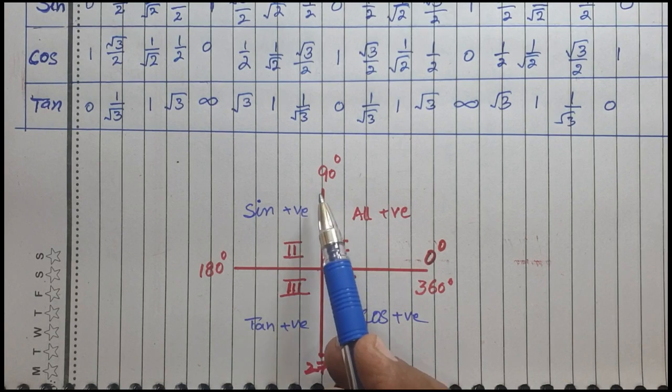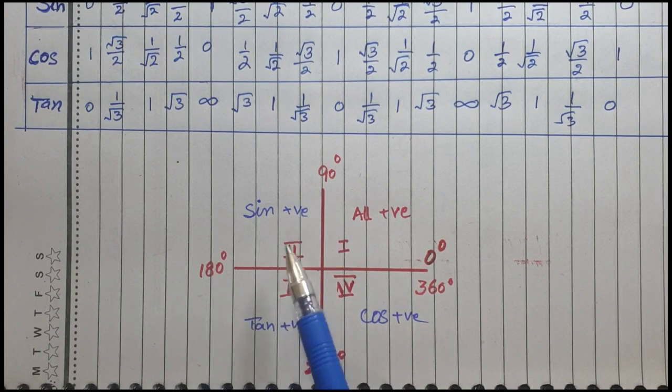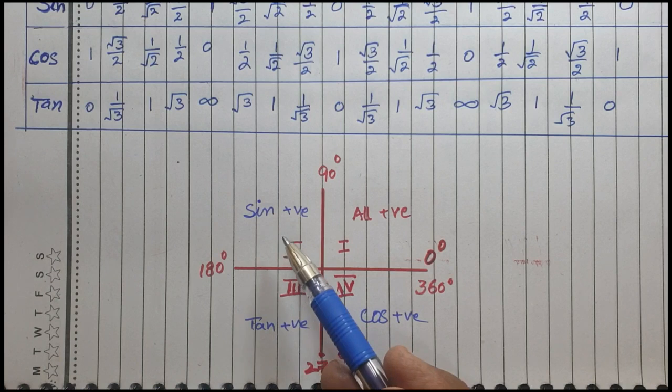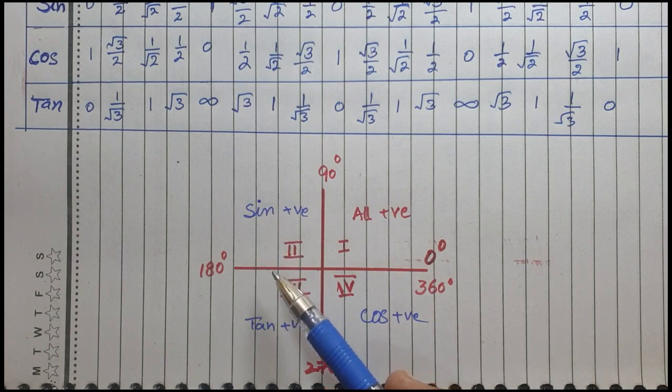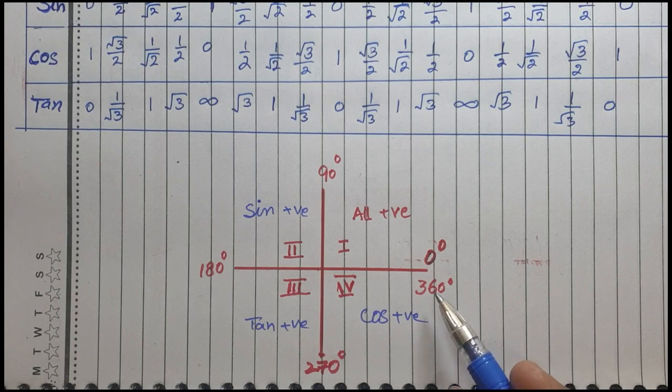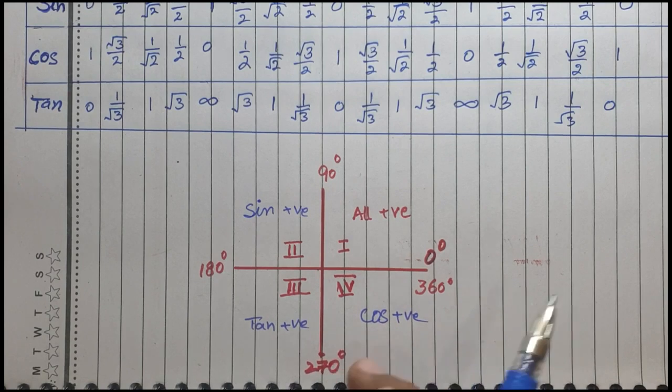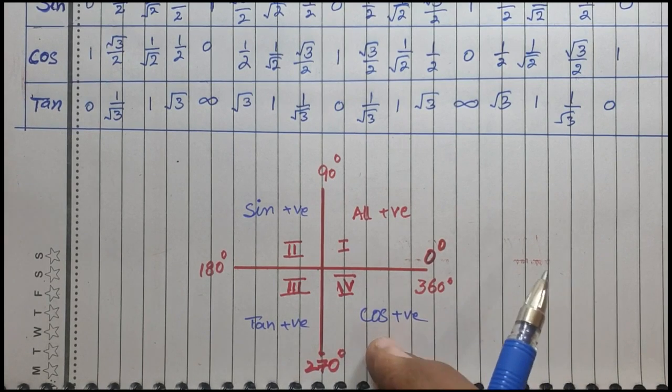In the second quadrant, from 90 to 180, only the sine will be positive. In the third quadrant, from 180 to 270, tan values will remain positive. And in the fourth quadrant, from 270 to 360, cos values will remain positive. Tan and sine values here in the fourth quadrant will be negative.